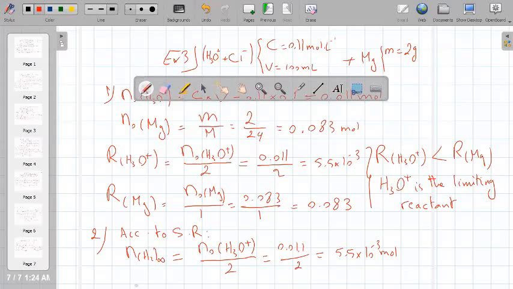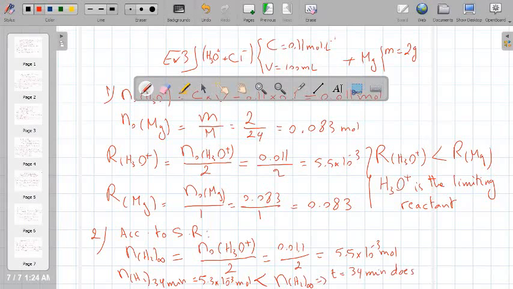We write: the number of moles of H2 at 34 minutes equals 5.3 10 power minus 3 mole, less than the number of moles of H2 at infinity, then T equals 34 minutes does not represent the end time of the reaction.